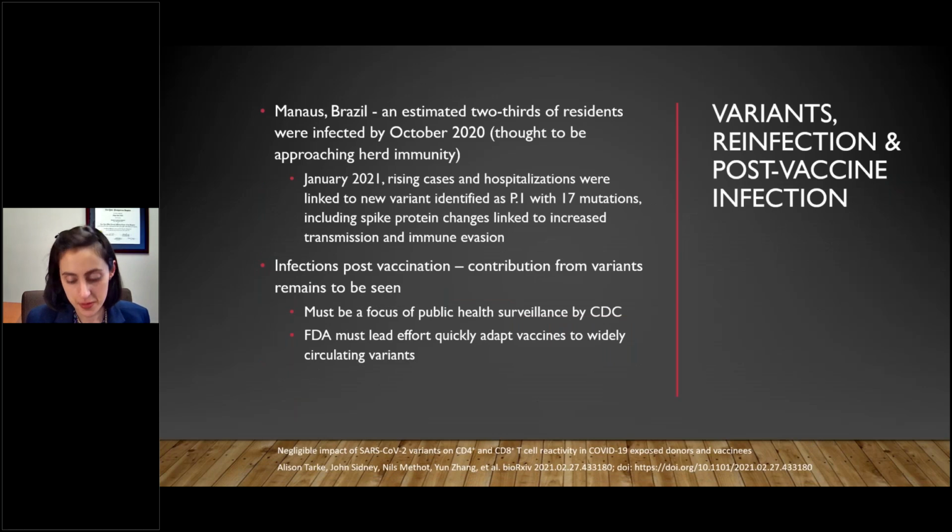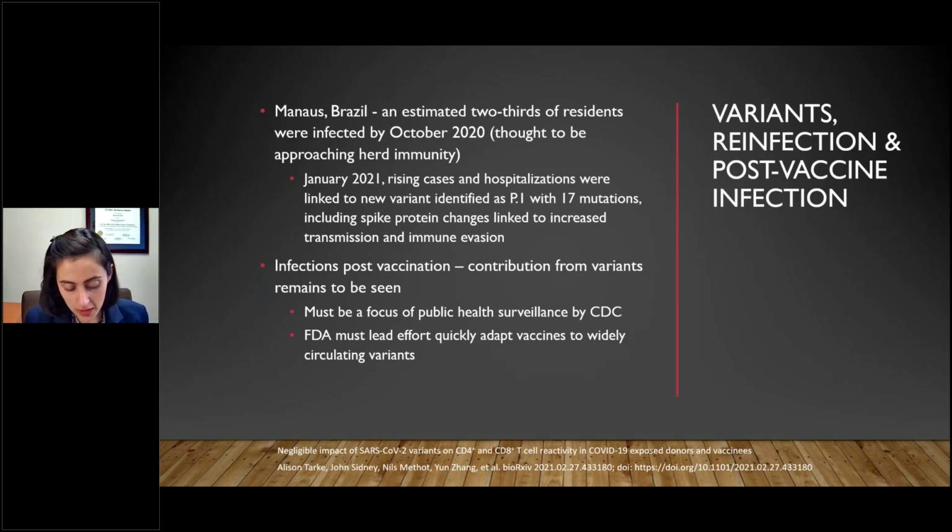Okay, what about this issue of reinfection and infections that are occurring in a small number after somebody is fully immunized? The definition of full immunity is being 2 weeks from the second dose of mRNA vaccine, or 2 weeks out from the one and only dose of the Johnson & Johnson vaccine.